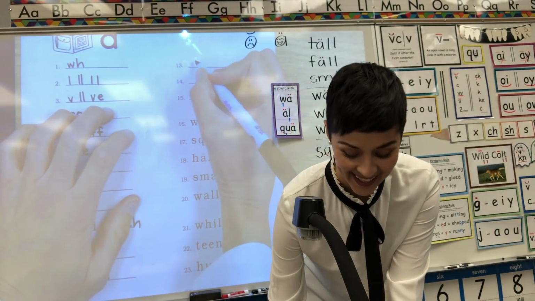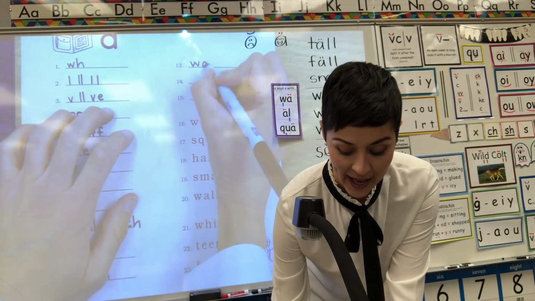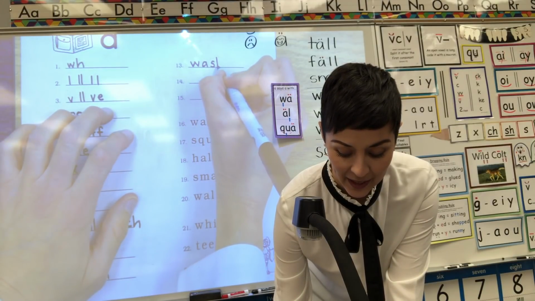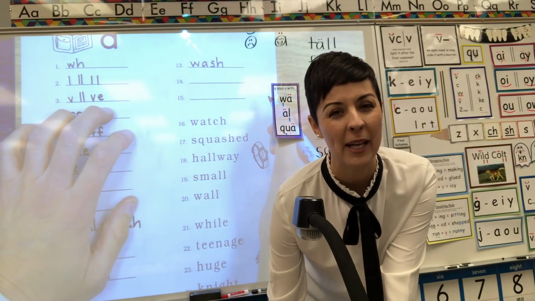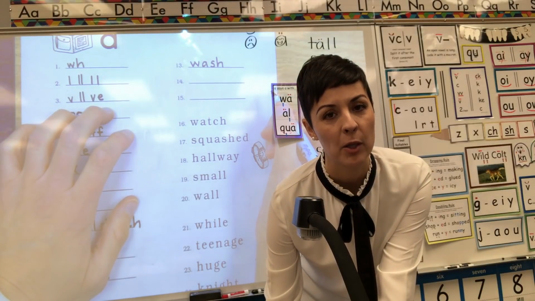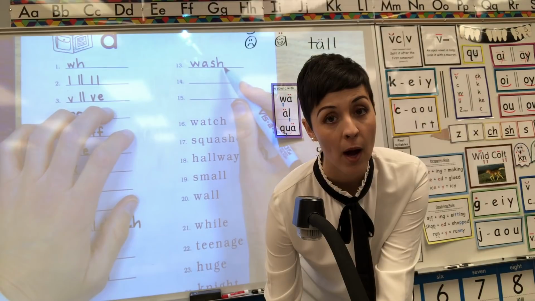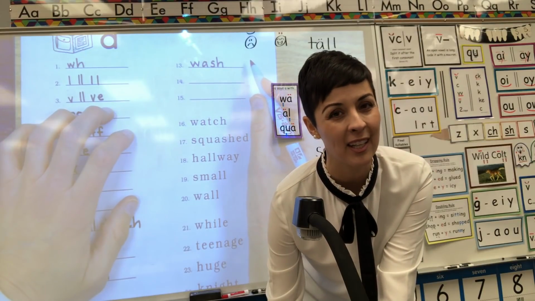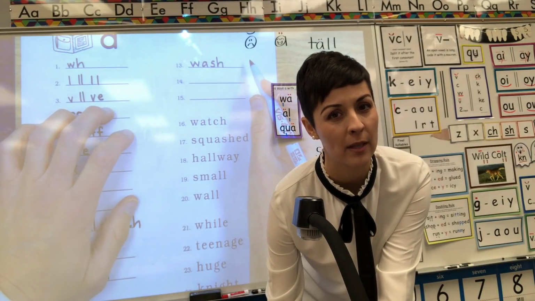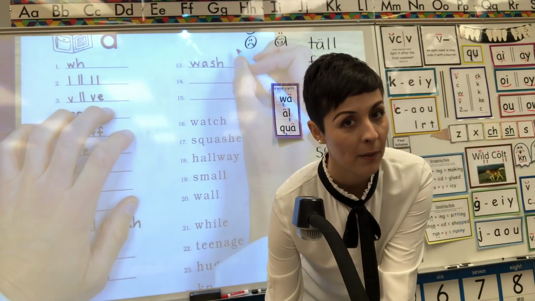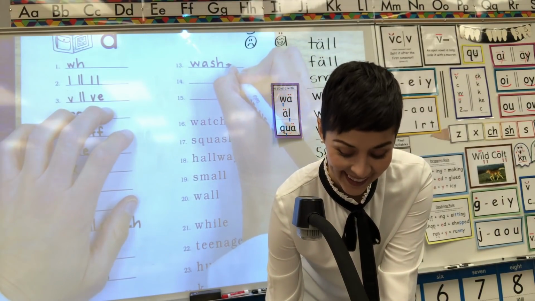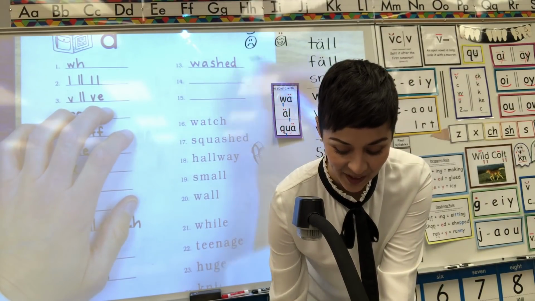Starting W, ready? W-A-S-H. Ooh, nice job. Can I make it trickier? What suffix would you have to add to make it say washed? Washed. Remember, we can't add a T to a root word to say the T sound. What suffix would you add? Will you tell me? Suffix E-D. Nice, you got it.